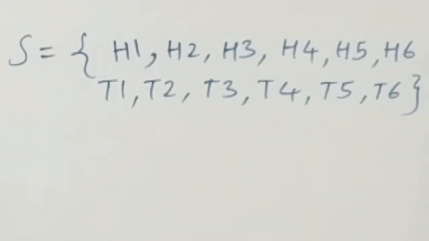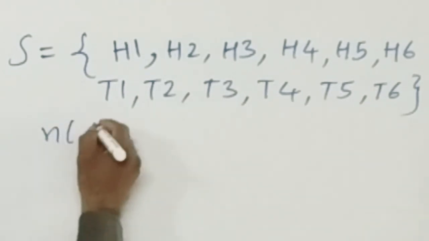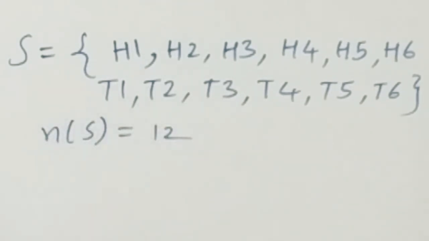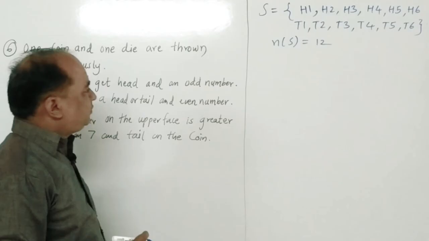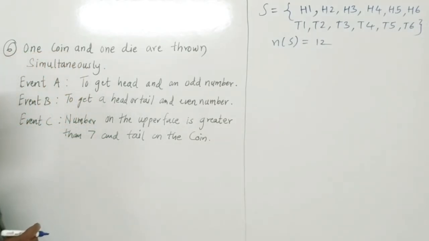So these are all the outcomes in the sample space. There are in all 12 outcomes when one die and one coin are thrown.